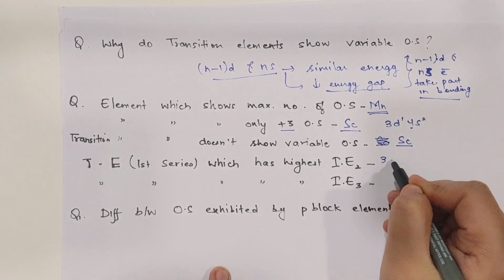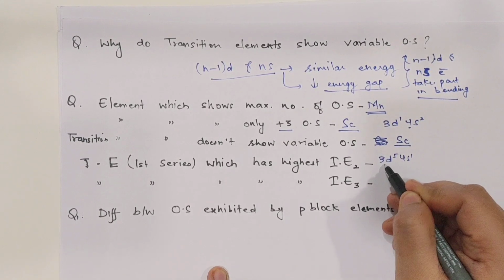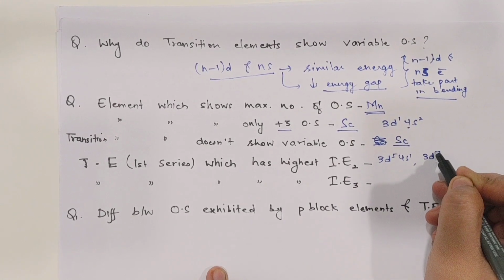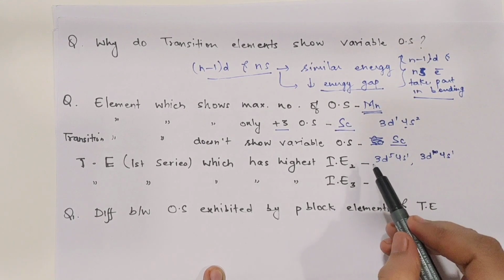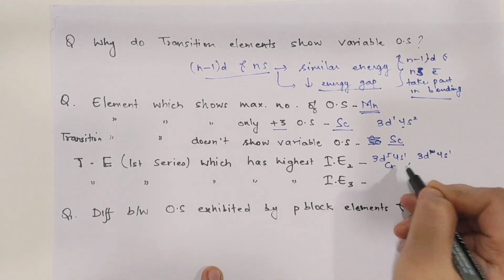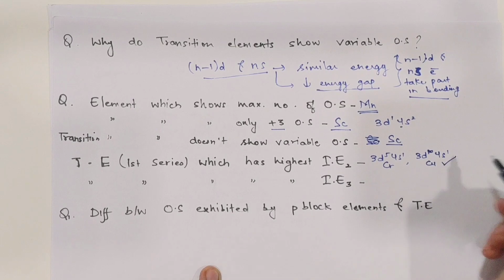We have 3d5 4s1 configuration, which after losing one electron would attain stable configuration. We also have 3d10 4s1 configuration. So these two are the possibilities, but this would be chromium, this would be copper, but the answer would be copper.